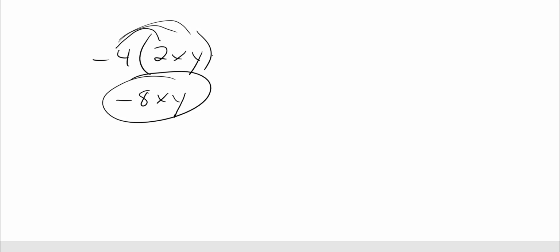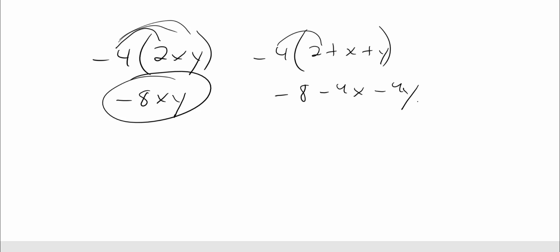If that was negative 4 times 2 plus x plus y, like we did yesterday, then you would distribute: negative 4 times 2 is negative 8, negative 4 times x is negative 4x, and negative 4 times y is negative 4y. That's different. This is just all multiplication, so you basically just multiply the numbers together, and if there were any variables, you'd multiply them together as well. So that's the first kind of problem.